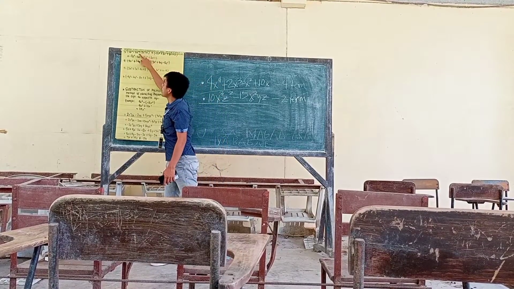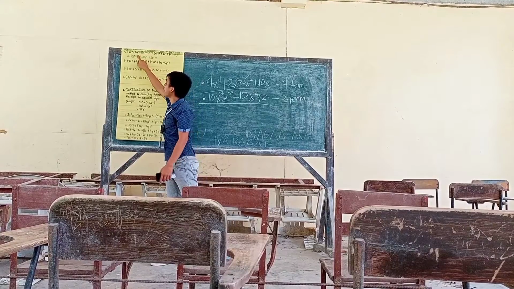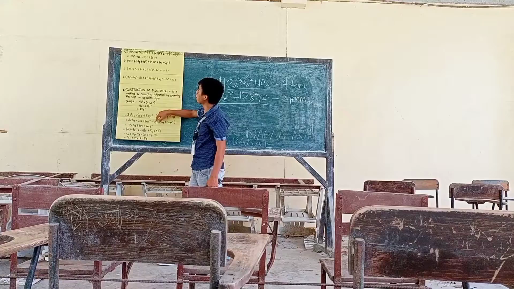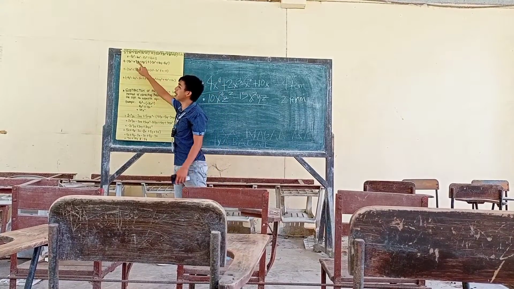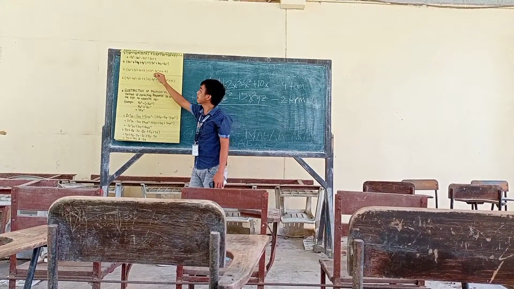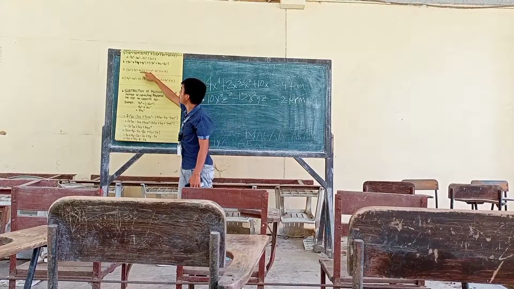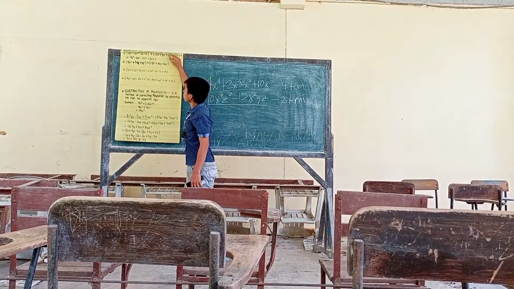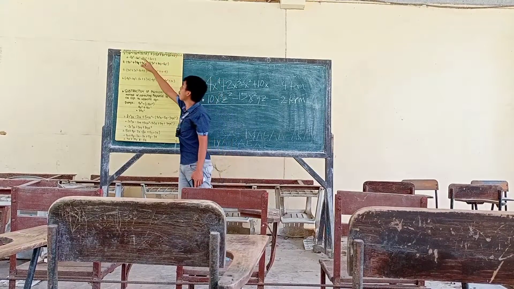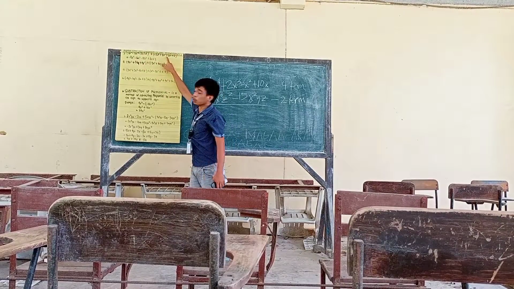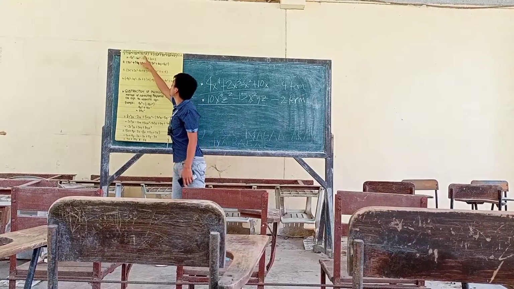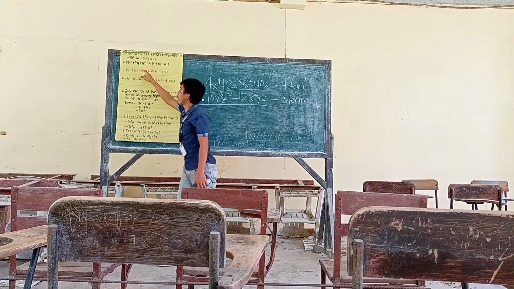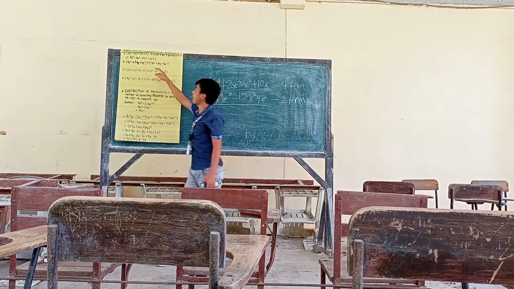So we copy the negative 6x cubed. Then the third term is negative 12x squared, and we combine it with 12x squared. So if we combine negative 12 and positive 12, we get 0. So we copy the variable and its coefficient.